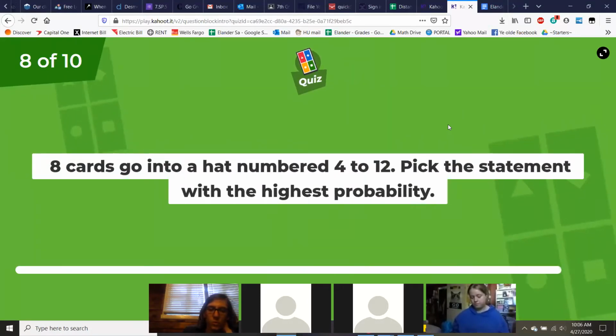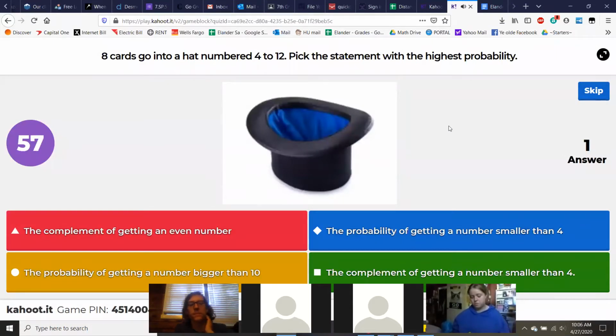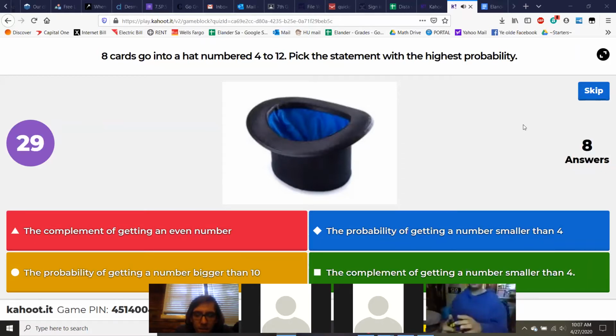Okay. 8 cards go in the hat, numbered 4 to 12. Pick the statement with the highest probability. Probability of getting a number smaller than 4, probability of getting a number bigger than 10, getting an even number.